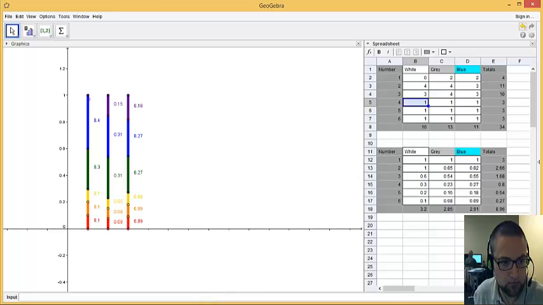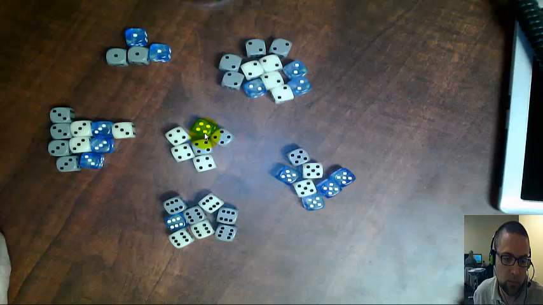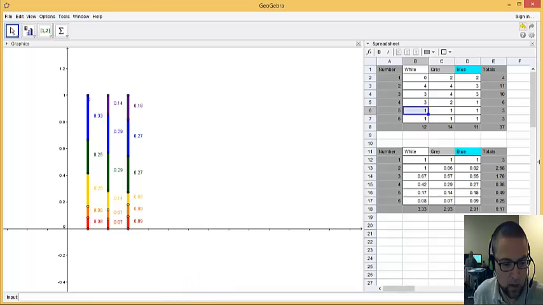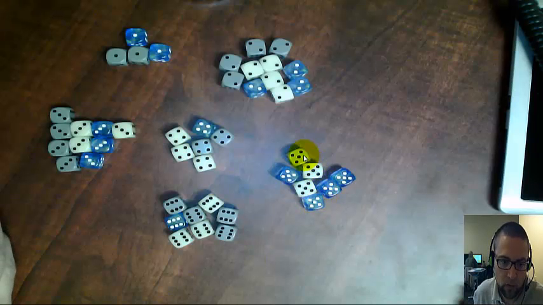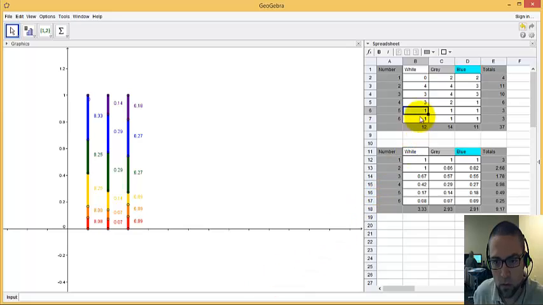Fours. 3, 2, 1, so blue, gray, white. And then 5s. 1, 2, 4, gray, white, blue.